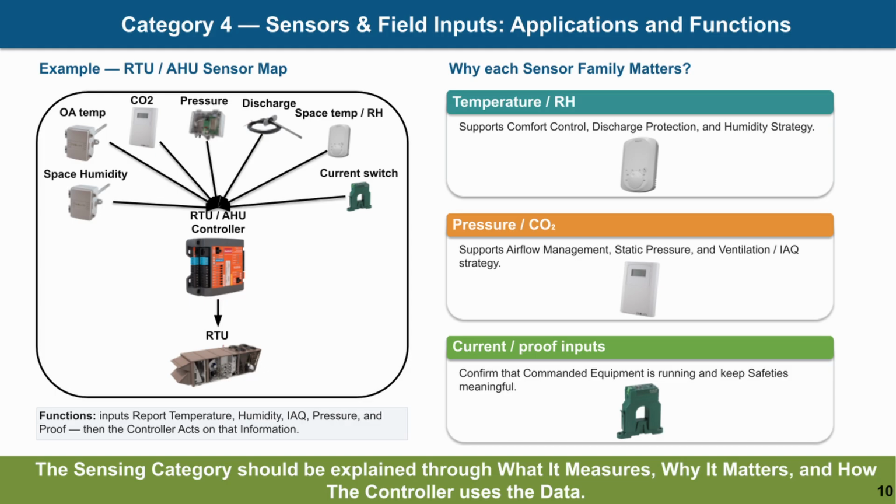These examples also connect back to signal formats. The controller must not only receive the correct information conceptually, it must also receive the correct signal type, range, scaling, and wiring reference. Good control depends on both.